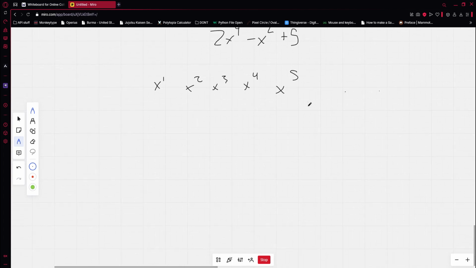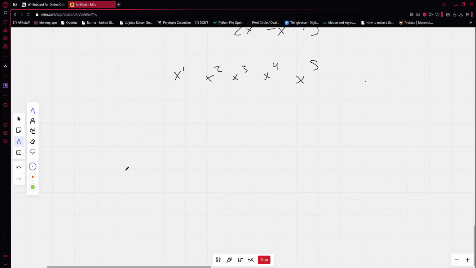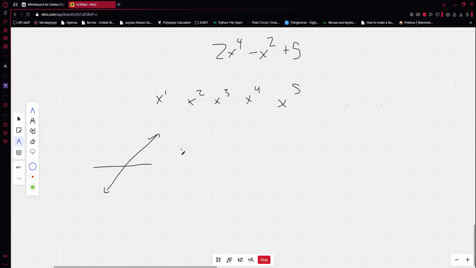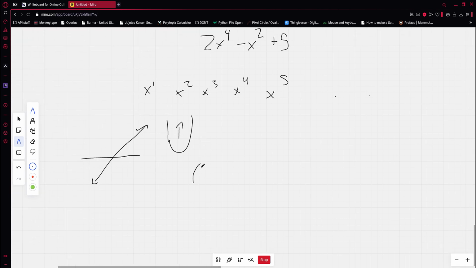And then you'll start to see the pattern with that. So x1, straight line, right? Goes both ways. x2, parabola, goes one way. x3, wobble line, goes both ways. x4, a parabola with brain damage, goes one way.